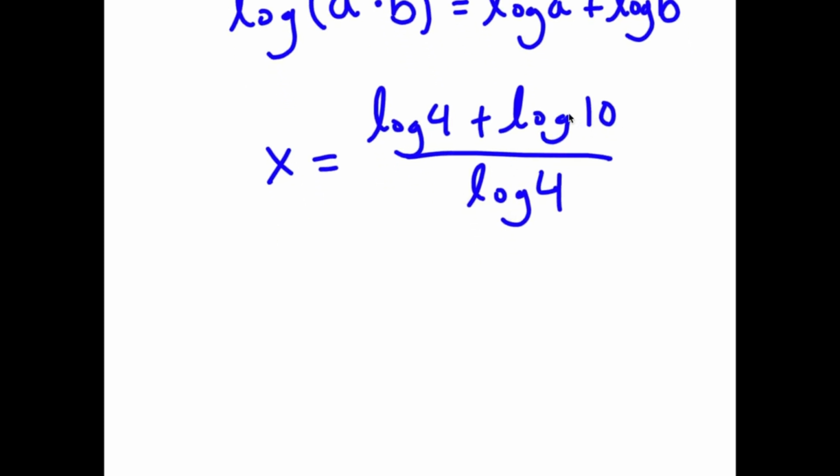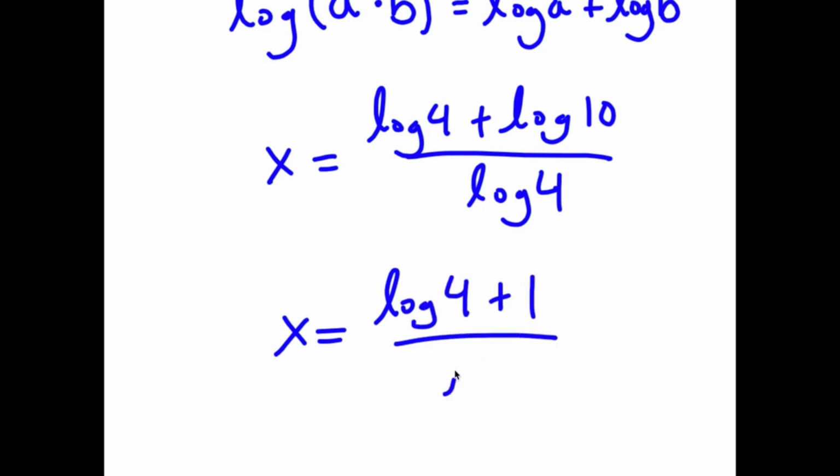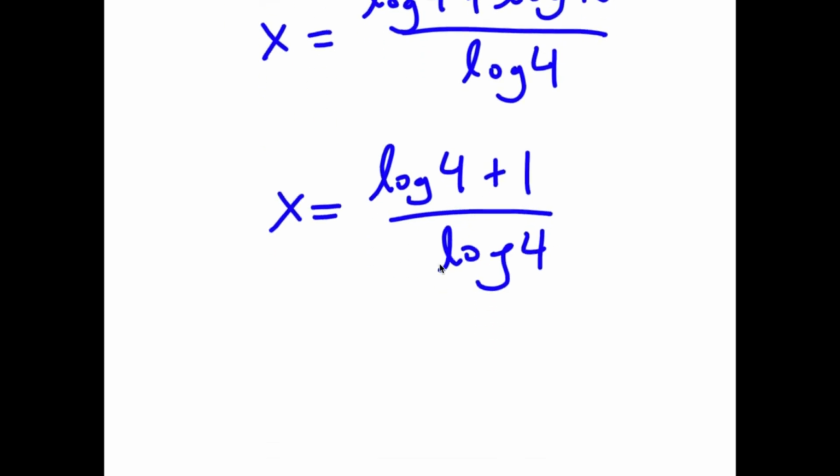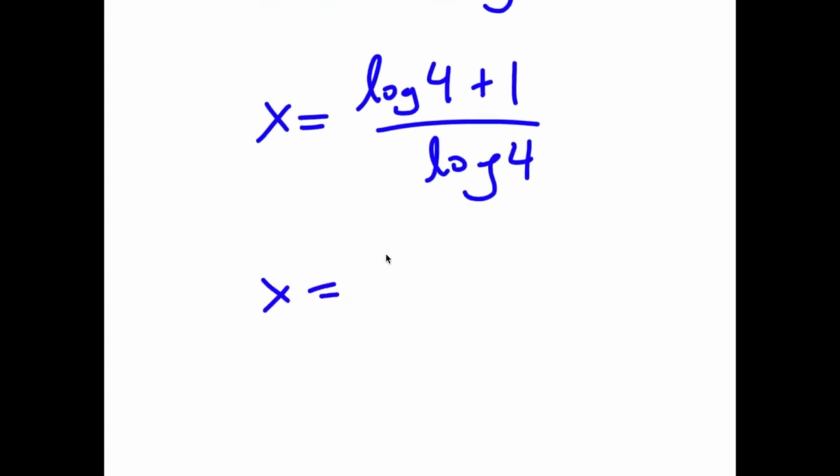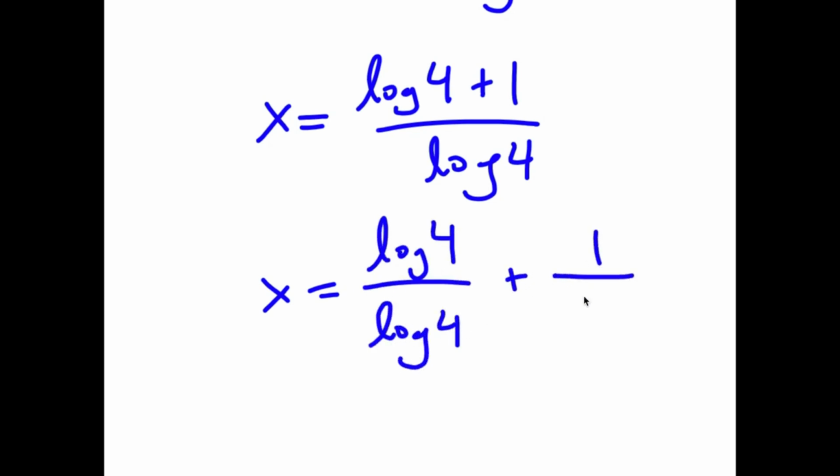And if you guys already know, log 10 is actually equal to 1. So I have x is equal to log 4 plus 1 over log 4. Now, I can rewrite this as log 4 over log 4 plus 1 over log 4.